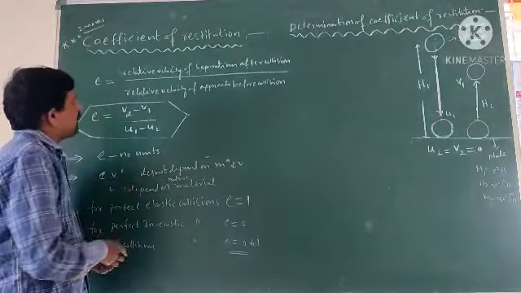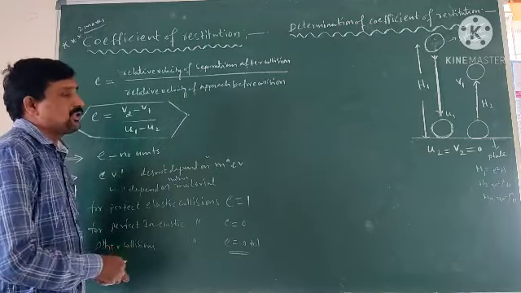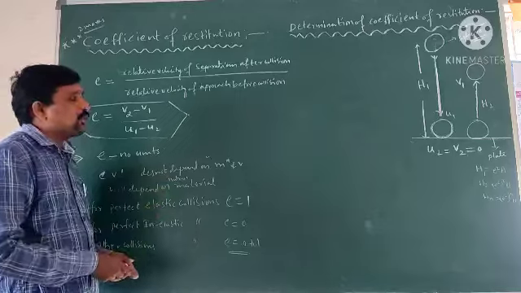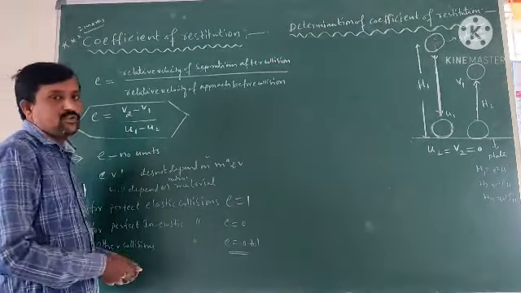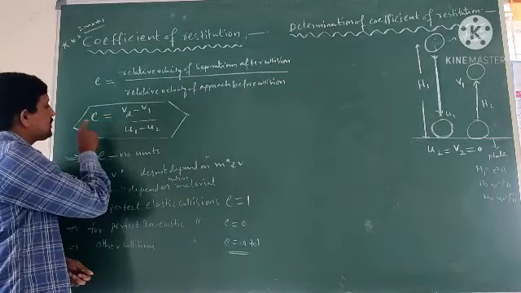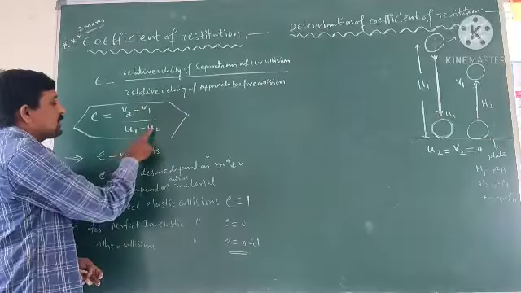So the coefficient of restitution is defined as the ratio of the relative velocity of separation after collision to the relative velocity of approach before collision. It is denoted by small e. e is equal to v2 minus v1 by u1 minus u2.